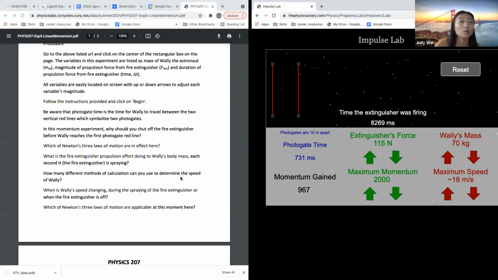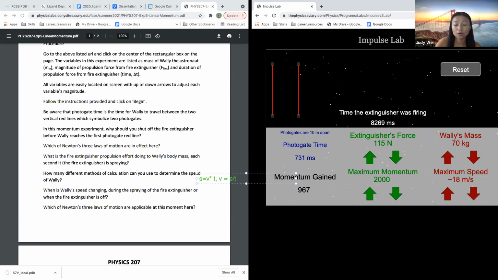When we want to determine the speed of Wally, the first one is when he passes the two photogates, because we shut off the fire extinguisher before the first one. So from here to here, it's constant motion. So we can do s equal to vt, which is v equal to s over t.